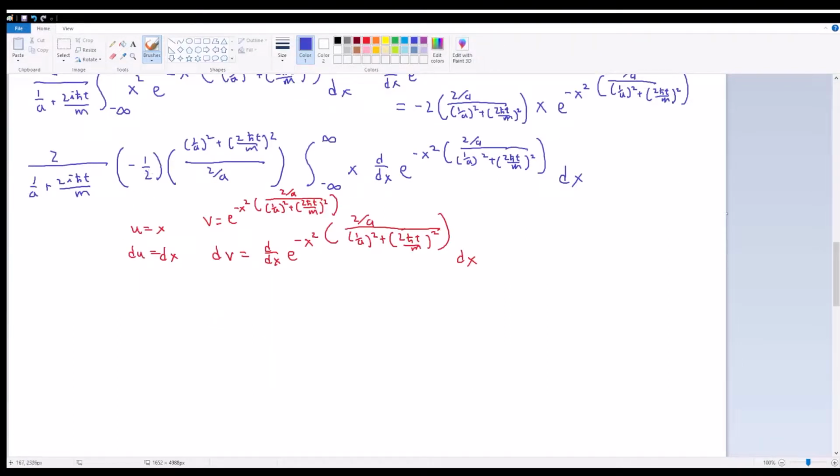So okay, first off, you can cancel these terms. So what we have left is 1 over a plus 2i h bar t over m with a negative in front, multiplied by 1 over a squared plus 2h bar t over m squared over 2 over a.